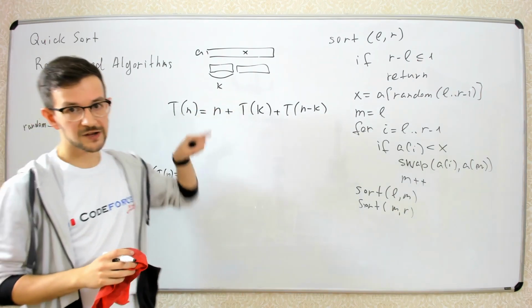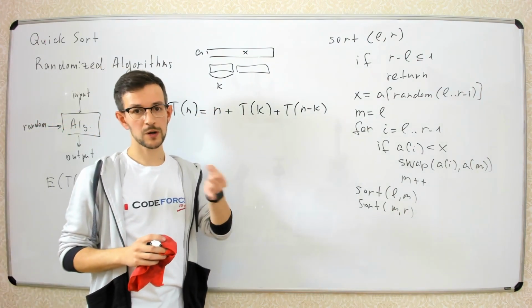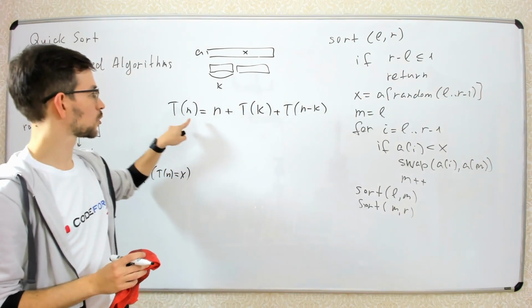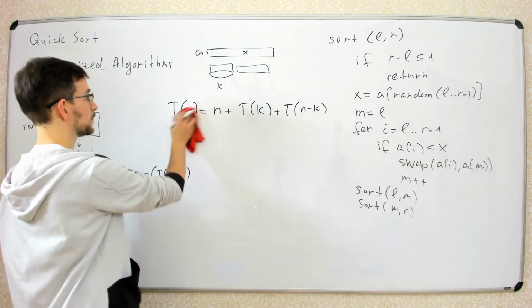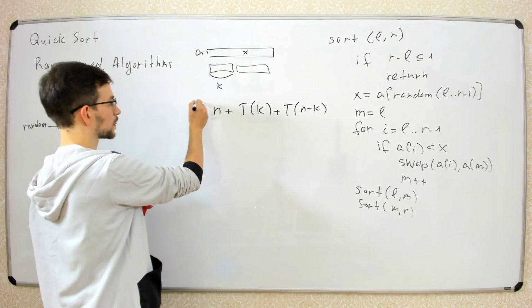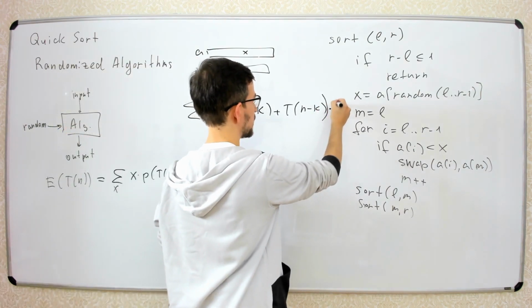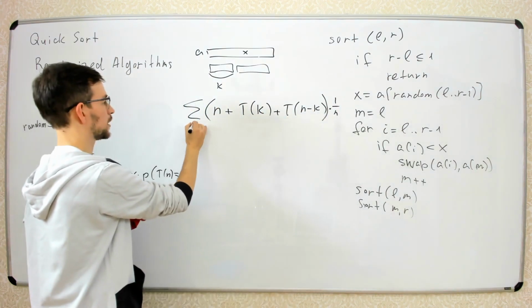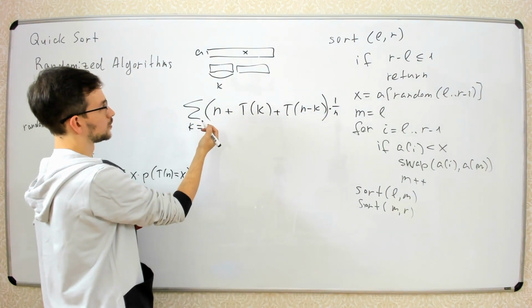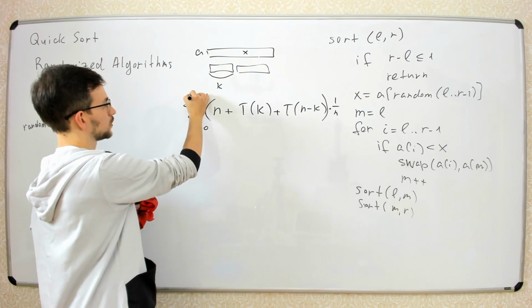Now, this k is random, so we can pick all elements with equal probability. So to calculate the estimated value of T, we need to find the sum of this multiplied by 1 over n for all k from 0 to n minus 1.